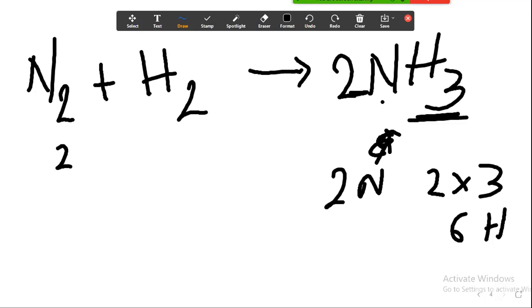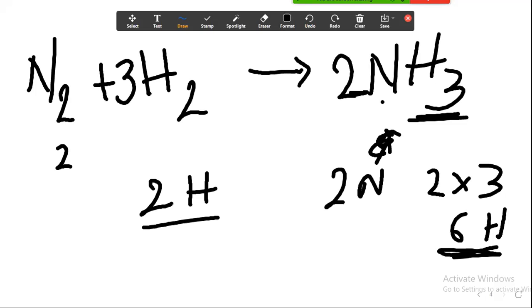So we have got 2 molecules of ammonia, which has 6 atoms of hydrogen. Now in the reactants, we have only 2 hydrogens, so we have to make it 6. How do we do that? By multiplying it by 3. This is how we balance a reaction.